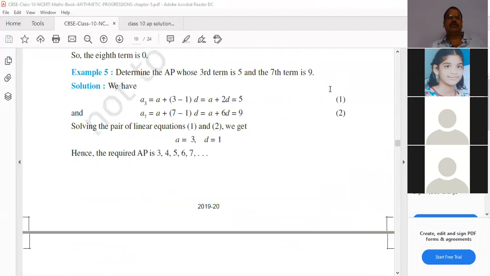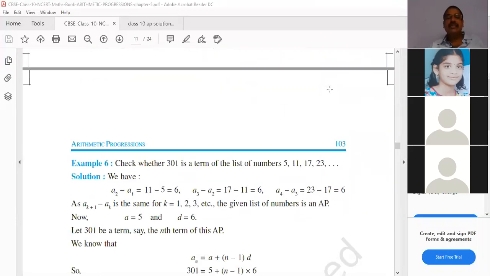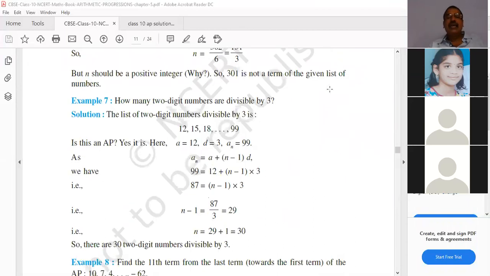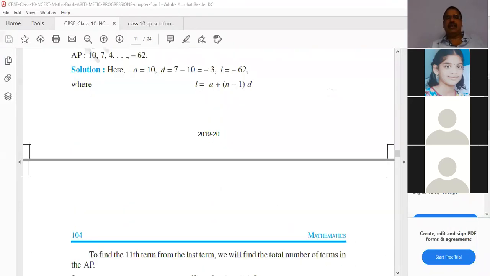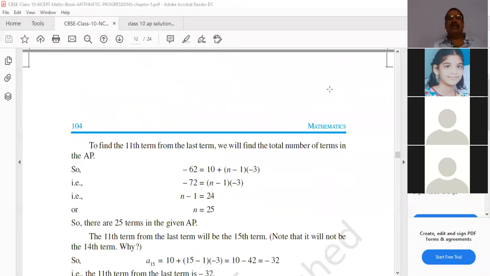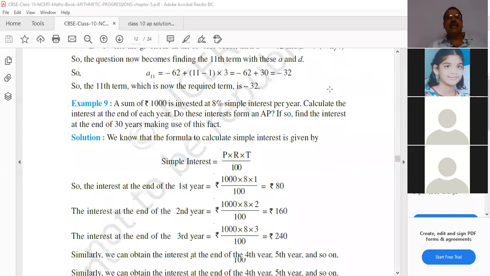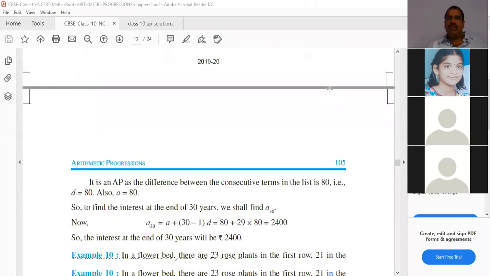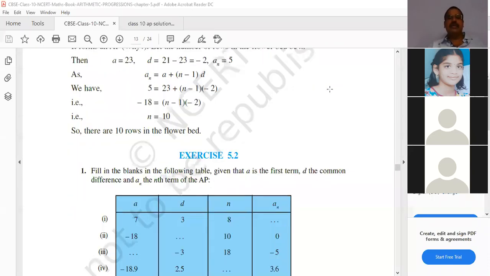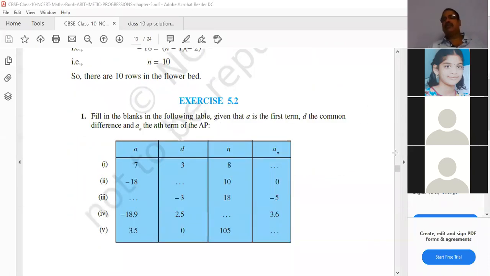a equal to minus 29 means the first term is minus 29, that's all. Somebody is shouting, please mute. a equal to minus 29 means the first term is minus 29.